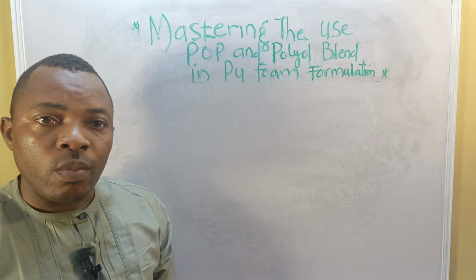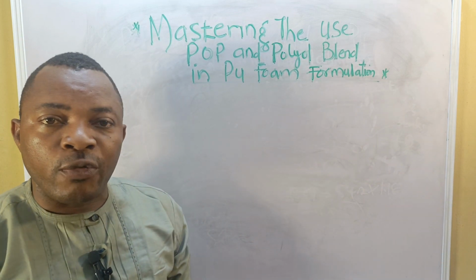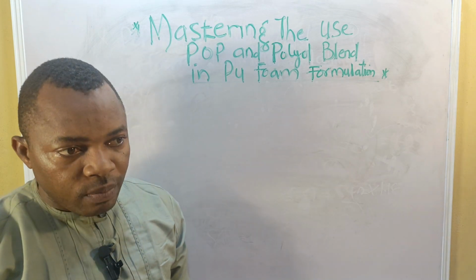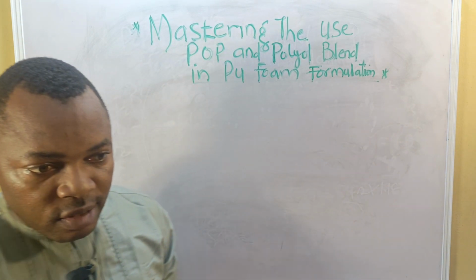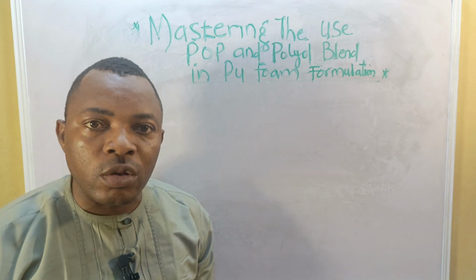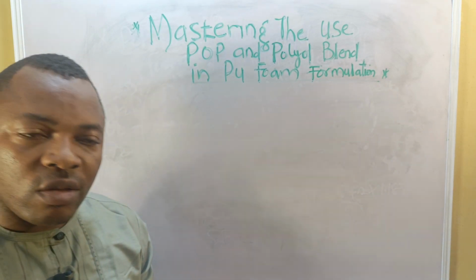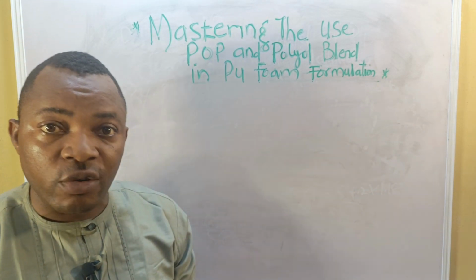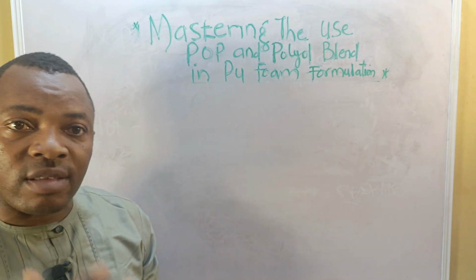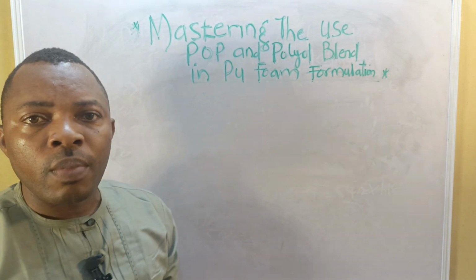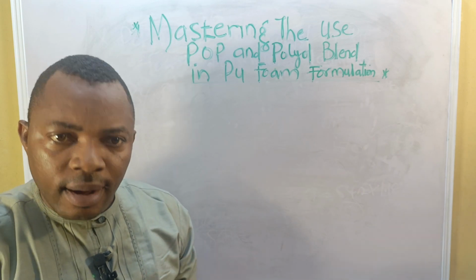The major one was polyol, and we looked at the properties that make up a good polyol, such as the hydroxyl value stated in the manufacturer data sheet, the water content, the acid value, and the solid content.